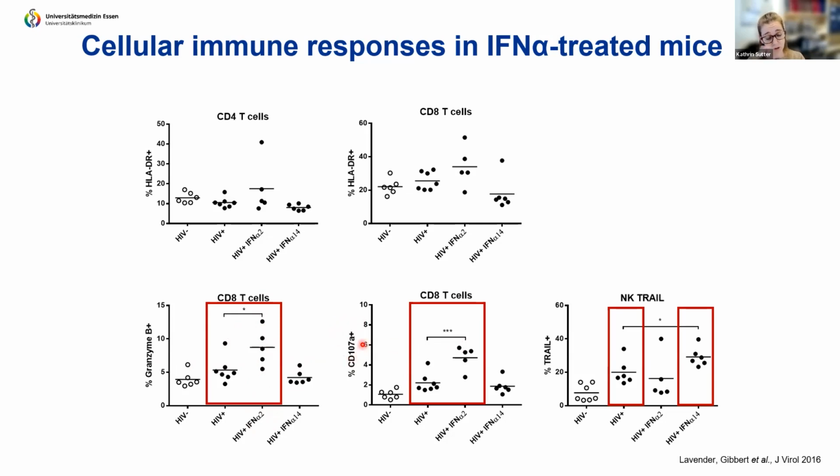This is the marker which is upregulated when granzyme is leaving the cells. But alpha 14 mainly targets NK cells. So there again, this ligand here, which targets the death receptor, was upregulated. That was really surprising that here, in the mouse, you really see one interferon is mainly going to T cells, the other one is mainly going to NK cells.